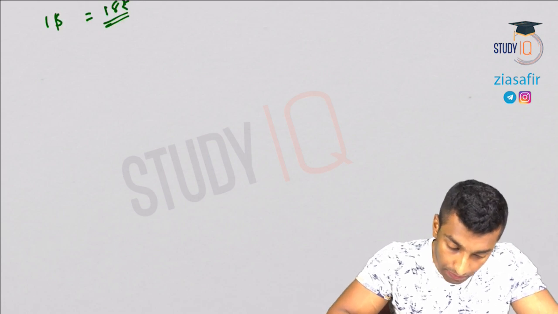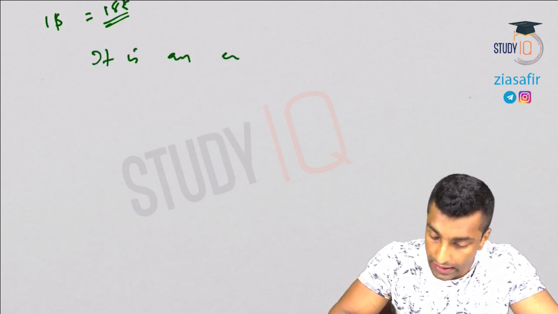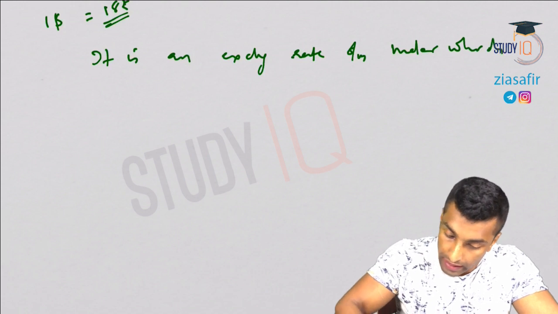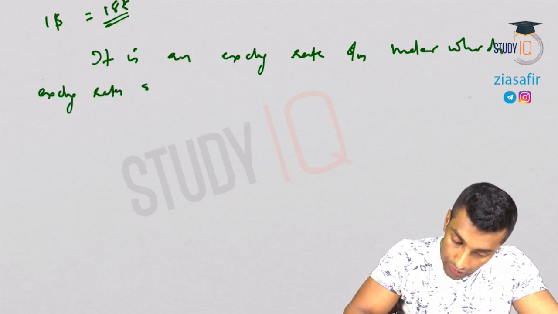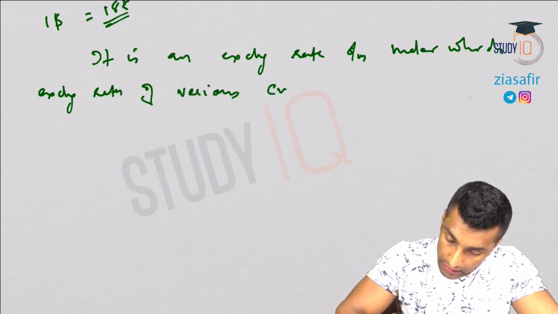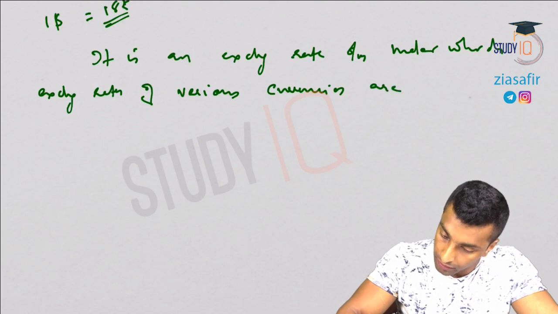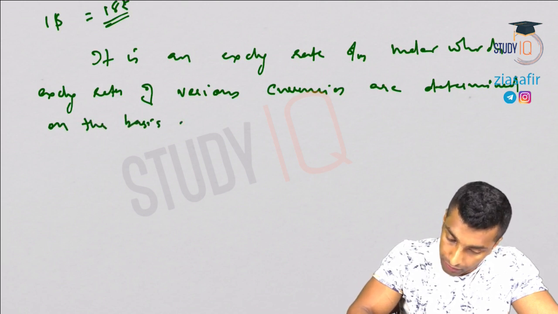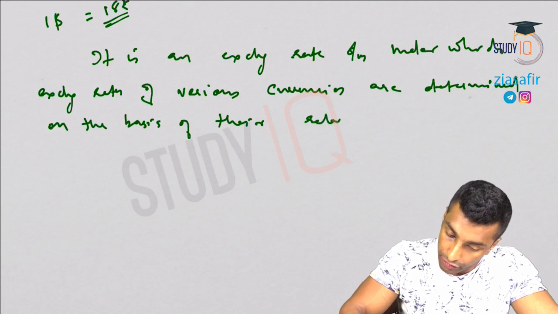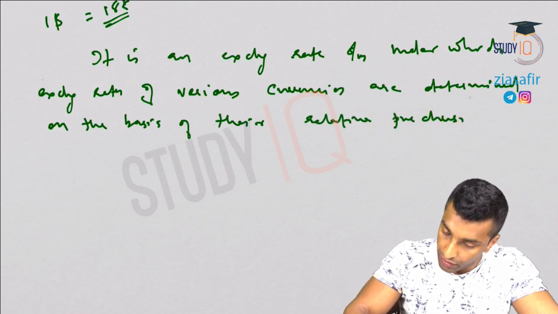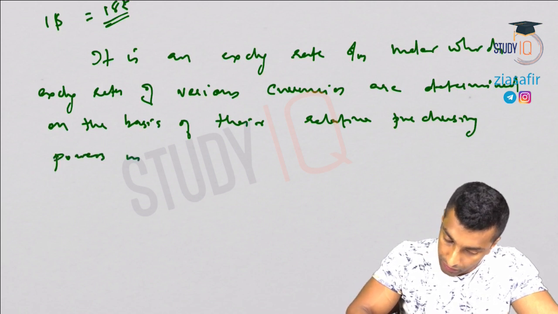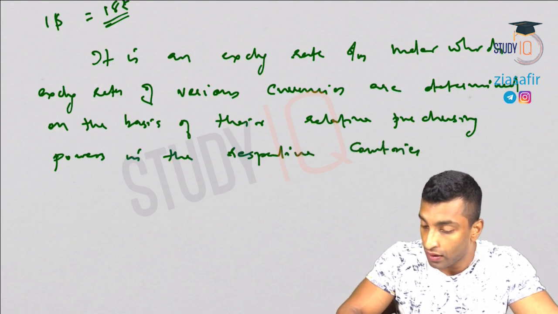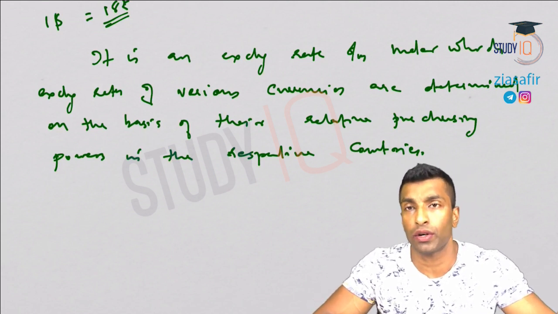So it is an exchange rate system under which exchange rates of various currencies are determined on the basis of their relative purchasing powers in the respective countries. Okay, so if you are comparing with dollar, we'll talk about US and India.